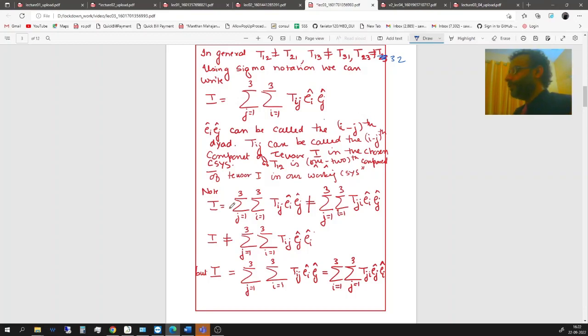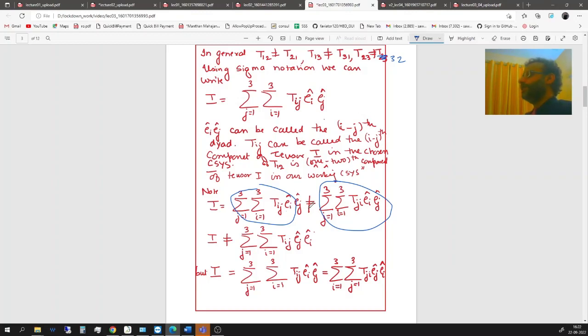There are some more observations we need to make here to get ourselves more familiar with this expression of a second order tensor. Note that this quantity here is not the same as what I have here. And what is the difference? The difference lies in the order in which ij is appearing here. Both have 2 summations, both have 2 dummy indices, but here we have summation Tij Eij, here I have Tji Eij.